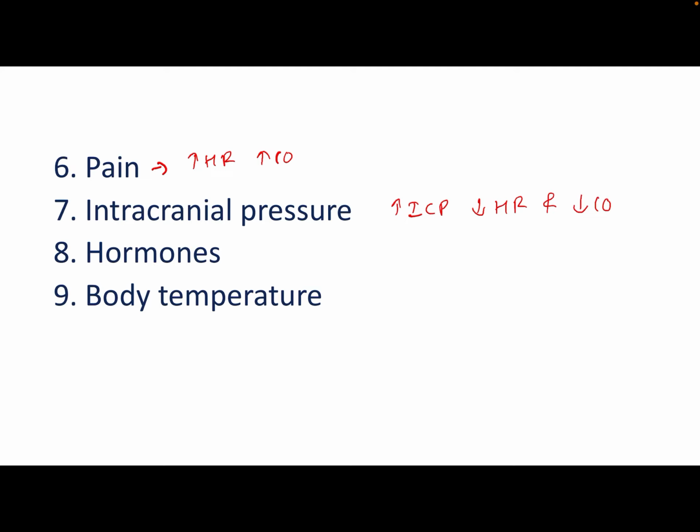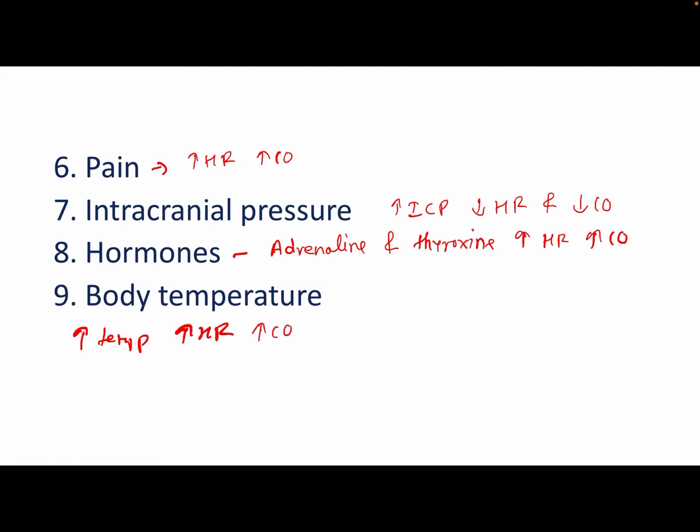Then the hormones. Here the most important hormones are adrenaline and thyroxine. Both of these hormones will increase the heart rate and thus increase the cardiac output. Then body temperature: if the body temperature increases, there will be an increase in the heart rate and an increase in the cardiac output.